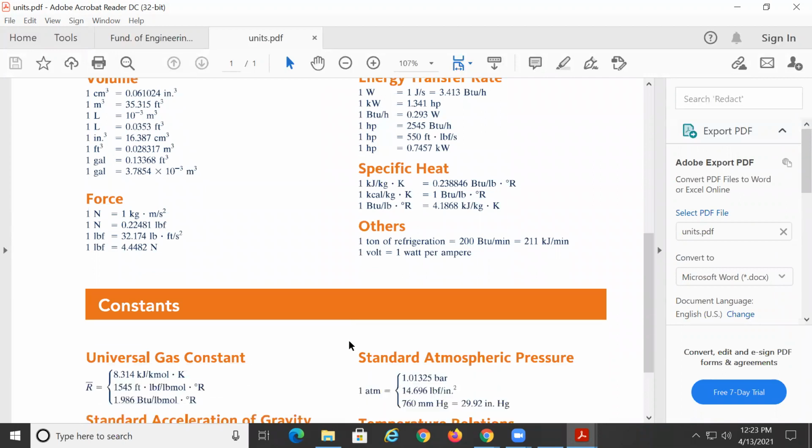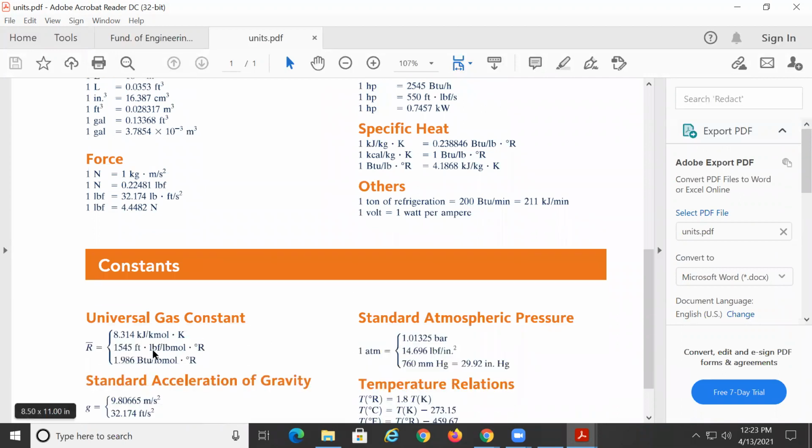It's at the bottom. So in English units, we need to be careful. R bar is 1.986 BTU per lb-mole Rankine.